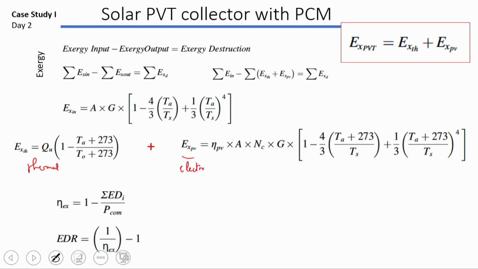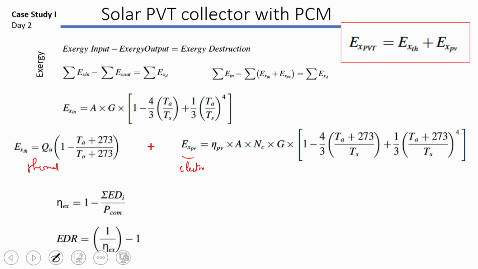I will give you a numerical application in order to have an idea of the values.